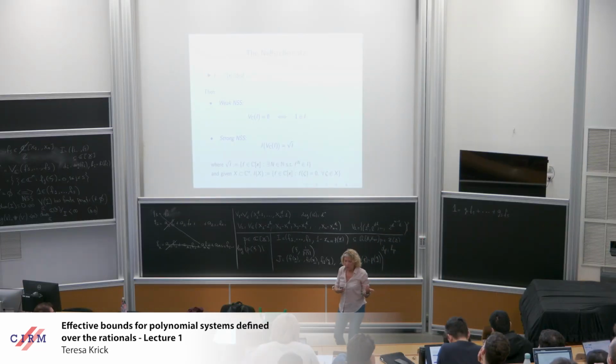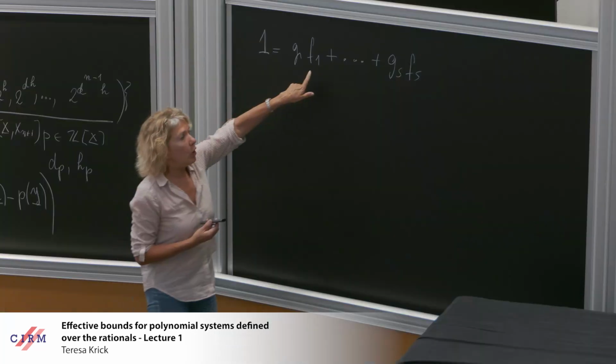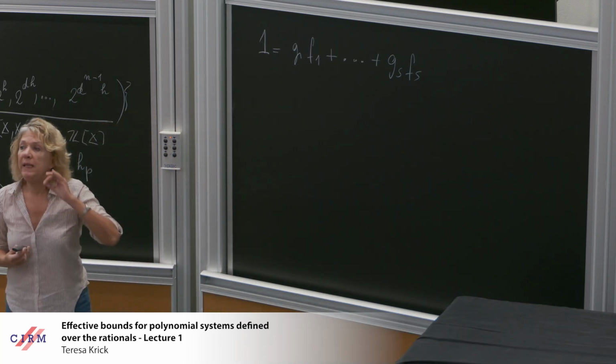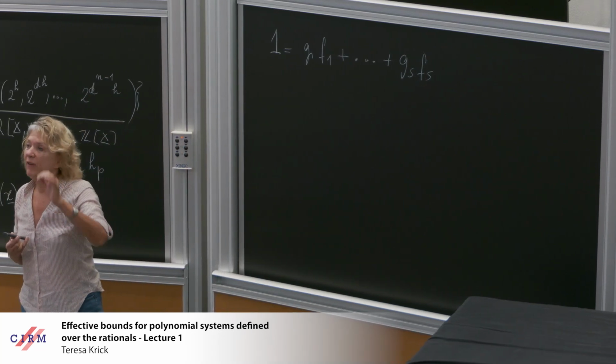The first person doing that was a student of Emmy Noether, Grete Hermann. She used resultants twice, and she gave a proof showing that if the polynomials Fi have degree d, the bound was doubly exponential in the number of variables.